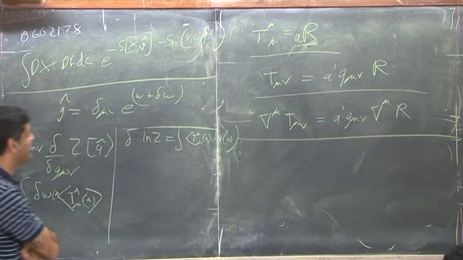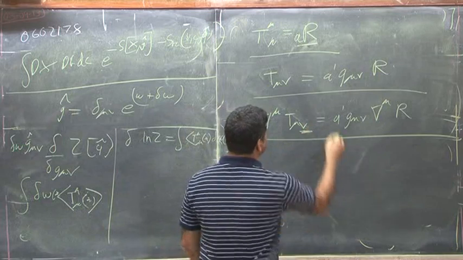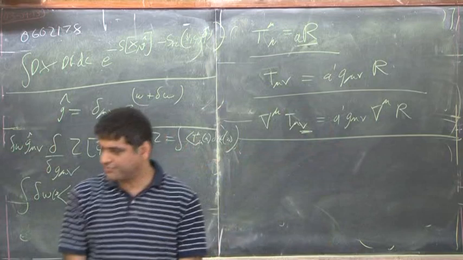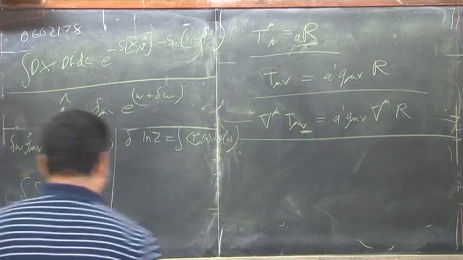This new index is free, so it could be either z or z bar, and that's just working out.